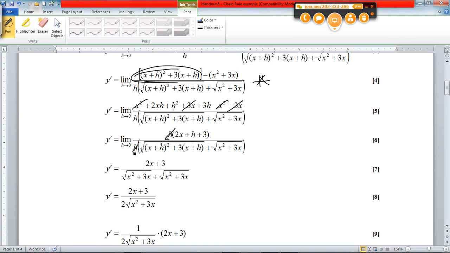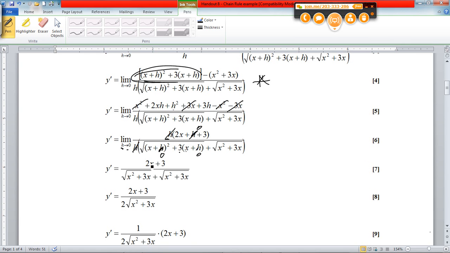The h's cancel. And so I'll wind up with something I can now do the limit as h approaches 0 to, because h goes to 0, this goes to 0, this goes to 0, this goes to 0. So I wind up with this. All that's left in this first square root is x squared plus 3x, right? x squared plus 3x. Second square root is plus x squared plus 3x.